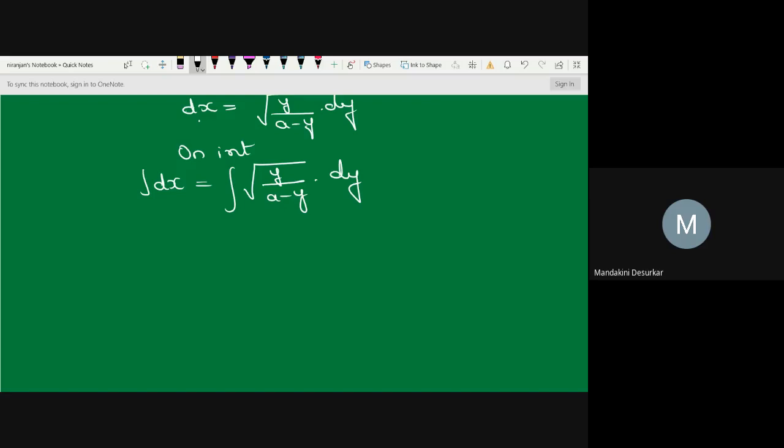Can you tell me what should be the substitution? Hello? Check, you are having a. Remember this thing, whenever you are having a minus anything, what should be the substitution?